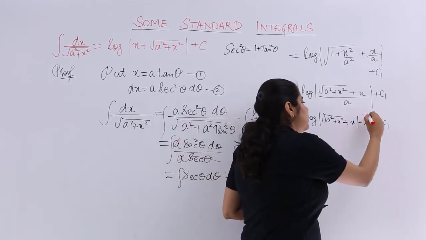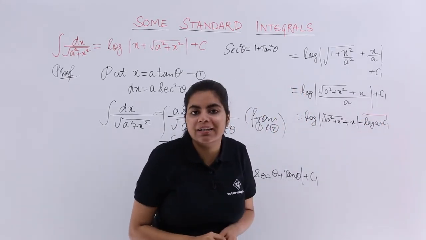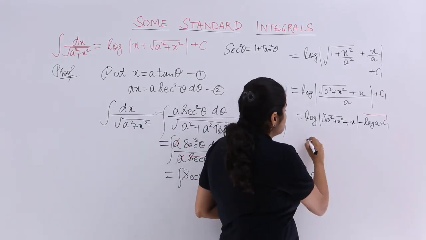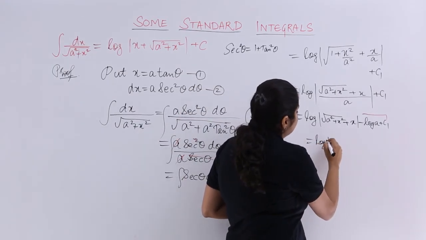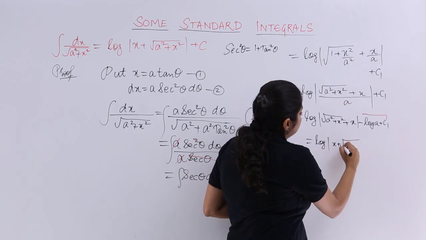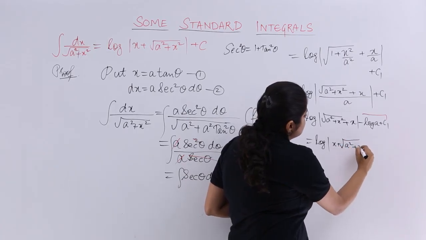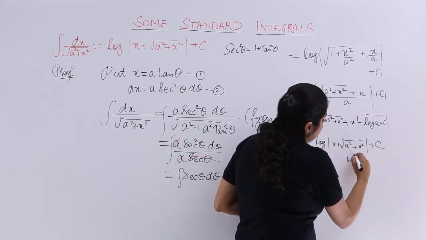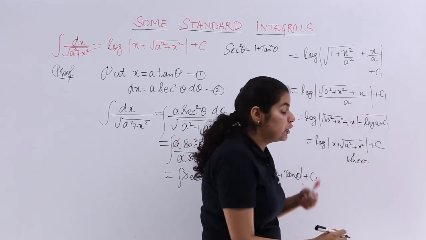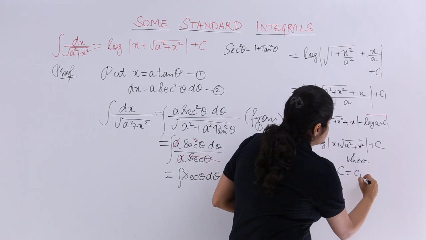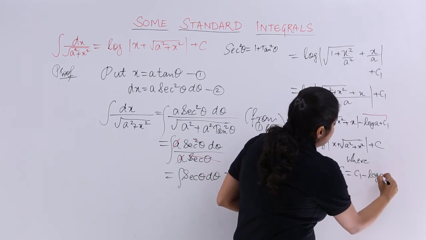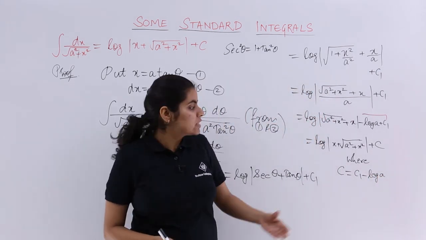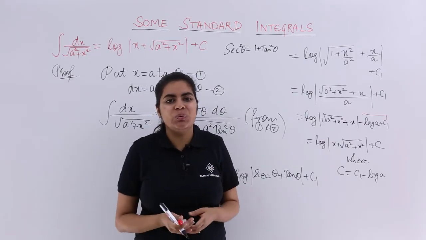Now combining both these constants, can we merge it into another constant? Yes, we can. So the answer would be log x plus under root a square plus x square plus c, where what is my c? It is the new arbitrary constant, that is c1 minus log a. So this is the final solution to the above integral.